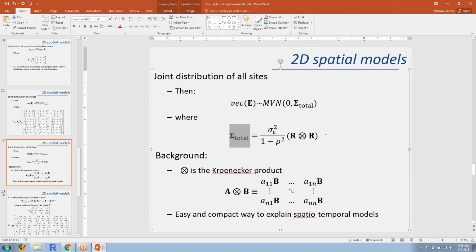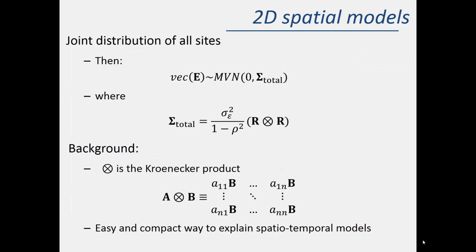Yeah. So correct. So the way I'm defining it here, sigma total is the Kronecker product of the correlation for one dimension and the correlation for the other, and then times their marginal variance.